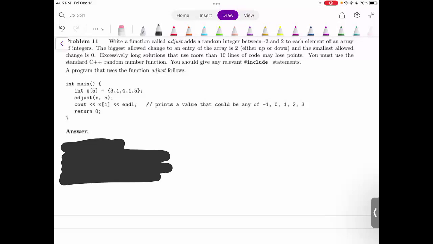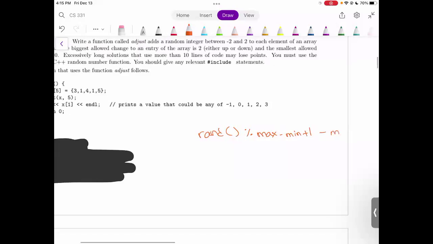And so the formula for this is, oh, whoops. Let me find something else. Rand mod max minus min plus 1, minus min. It's like this whole thing minus the min.